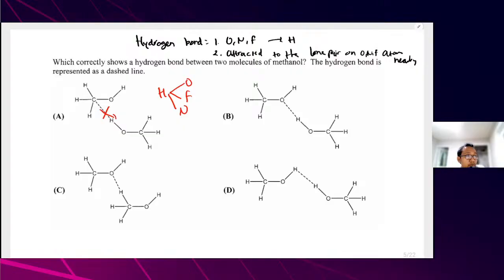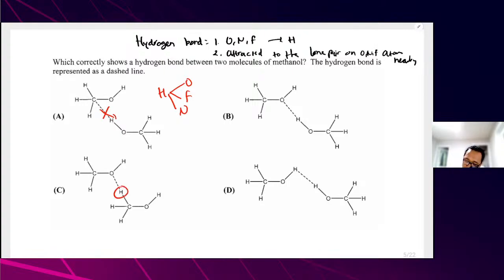We are moving to option C first. The dashed line goes from oxygen to hydrogen, so it's backward.